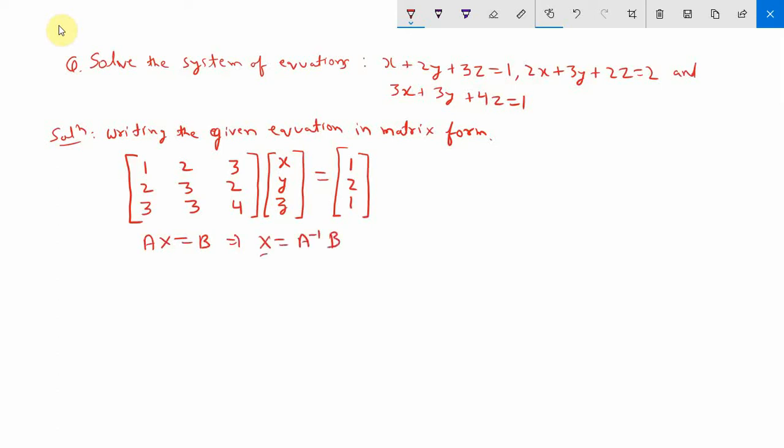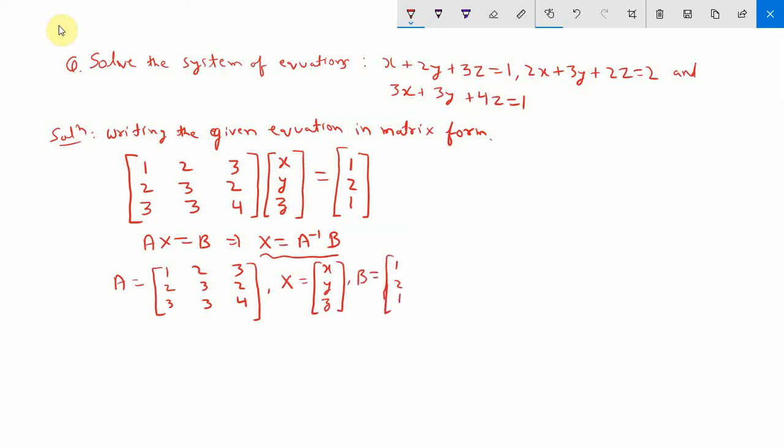So in this equation we have A equal to [1, 2, 3; 2, 3, 2; 3, 3, 4], matrix X as X, Y and Z, and matrix B we have 1, 2, 1.